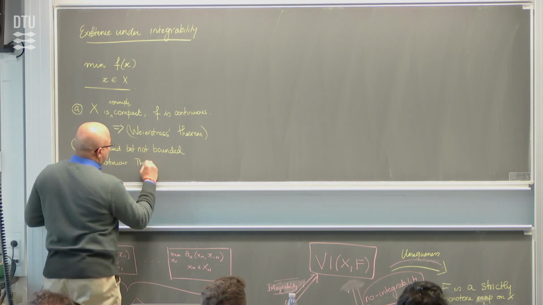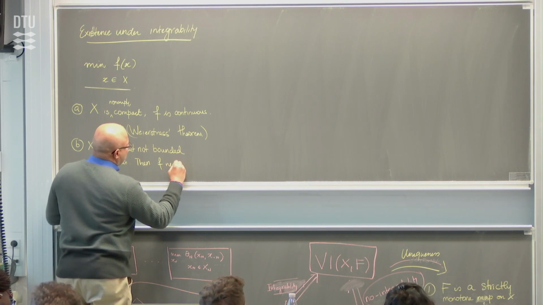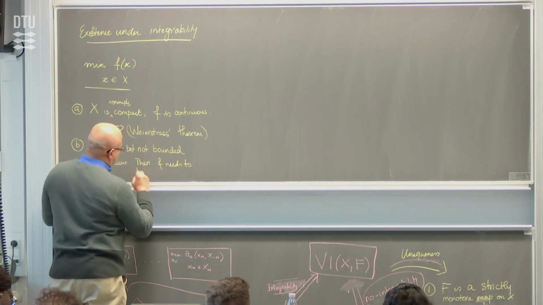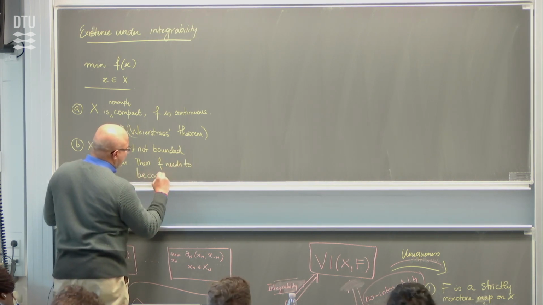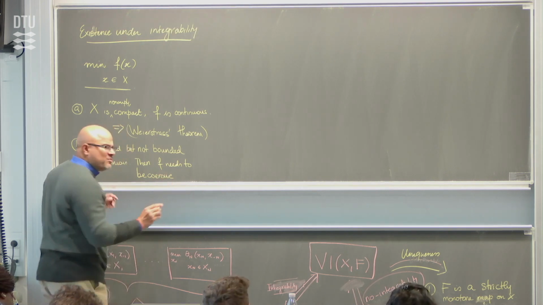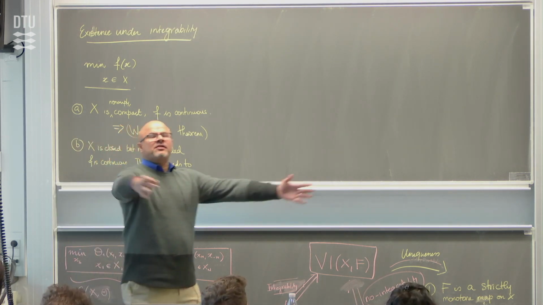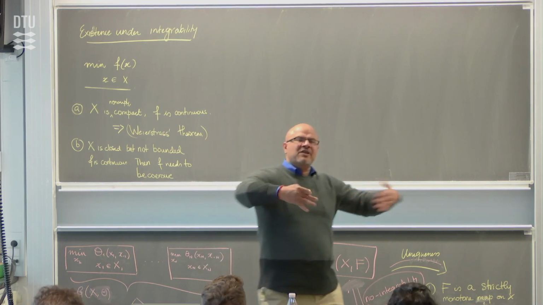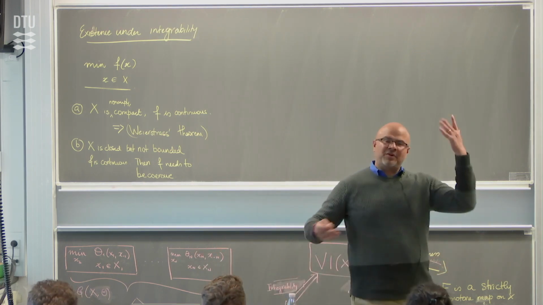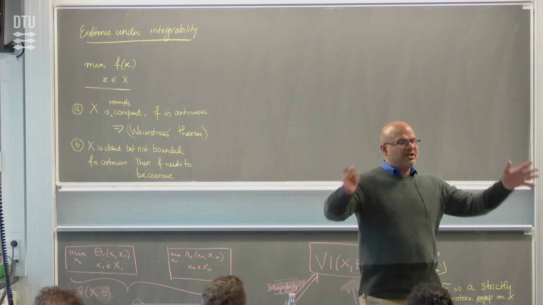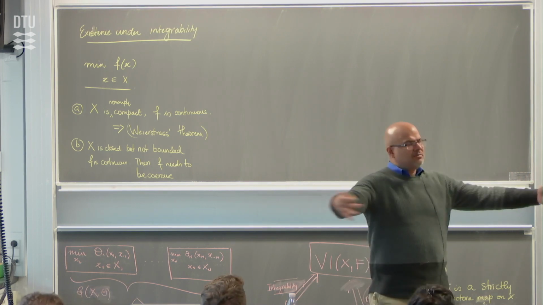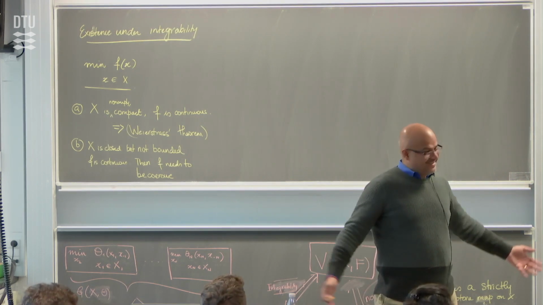Then F needs to be coercive. What is coercive? Let me define it. Coercive, loosely speaking, means if you go in any direction and go infinitely far away, the function goes to plus infinity. Just think about a situation where the function is nice in a bounded set.